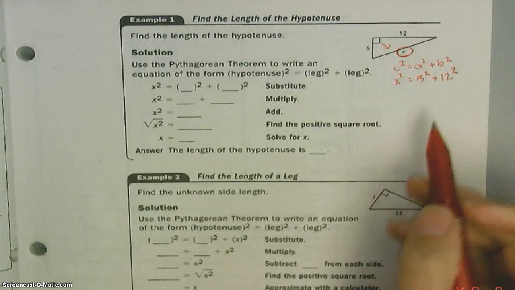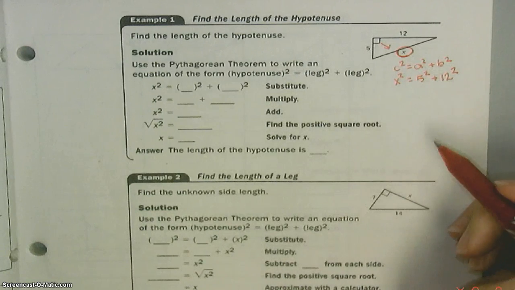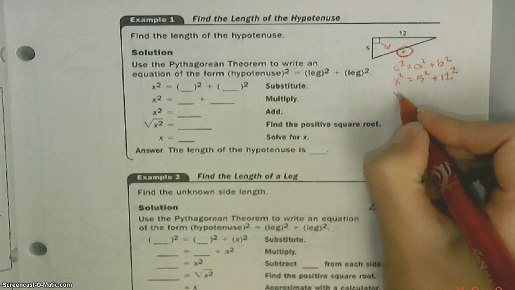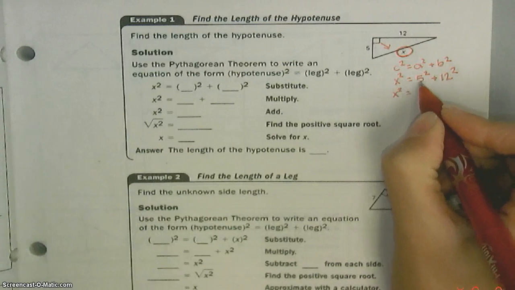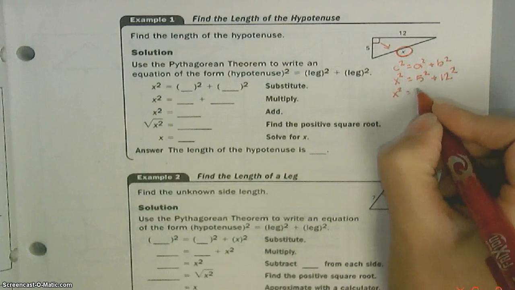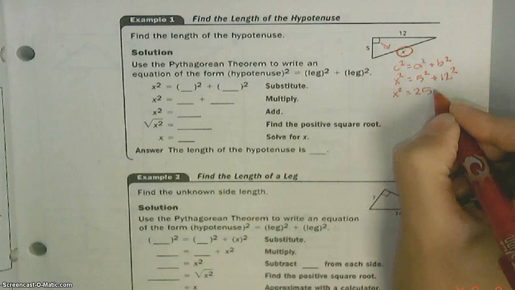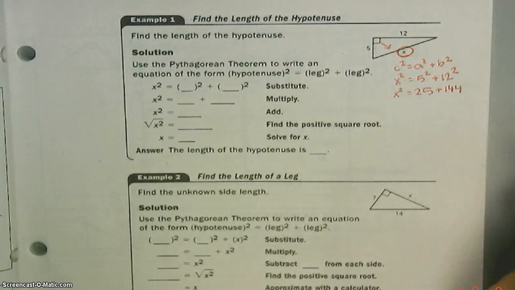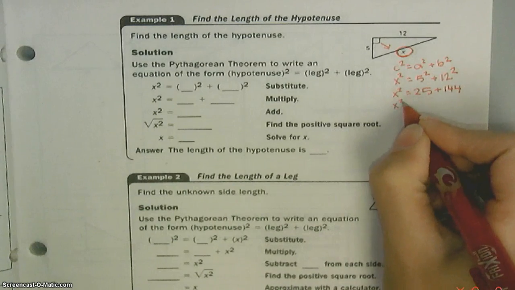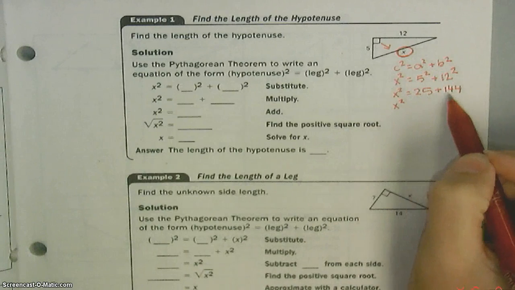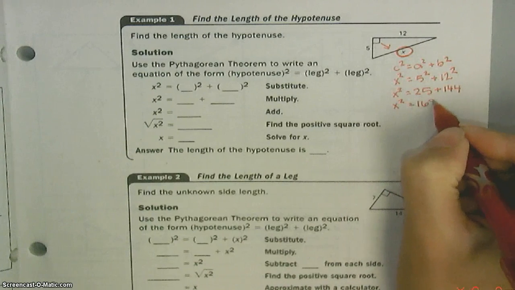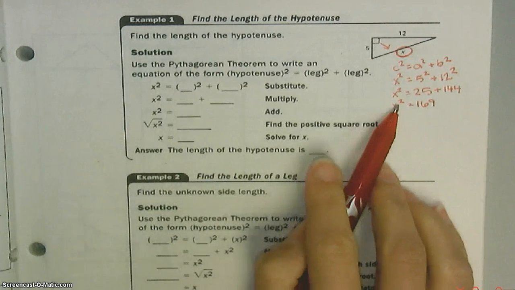If you remember your order of operations, you have to do exponents first. I know that 5 squared is 25, and that 12 squared is 144. Now I'm going to combine my like terms. 25 plus 144 is 169. Now we have to get rid of this squared.